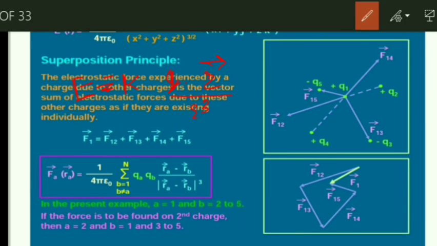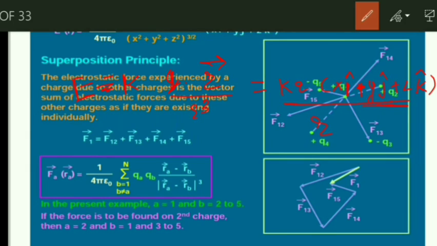Now using these values which we defined, k q, the r vector was x i cap plus y j cap plus z k cap divided by r cube.